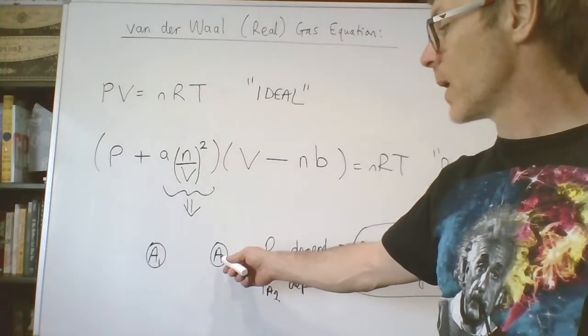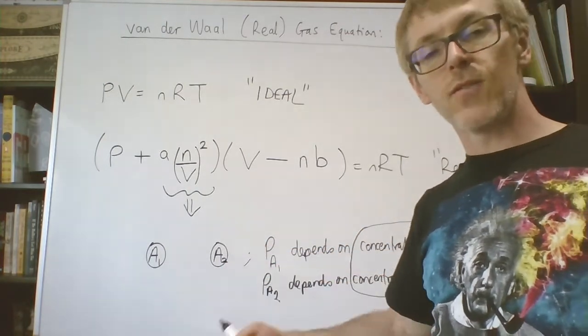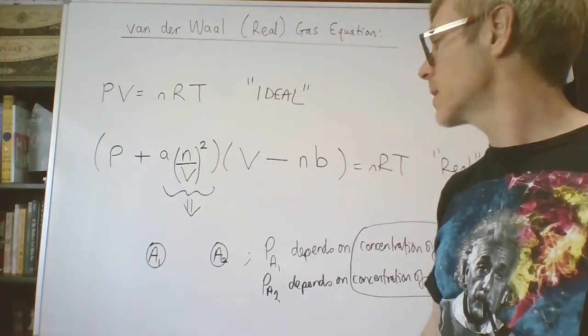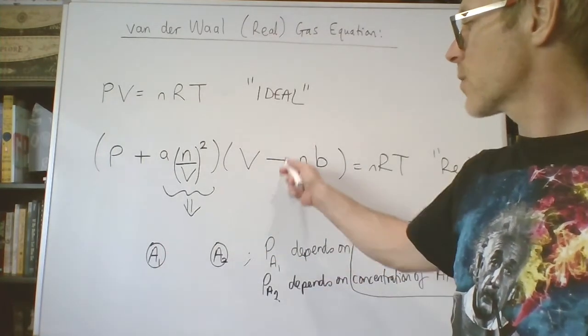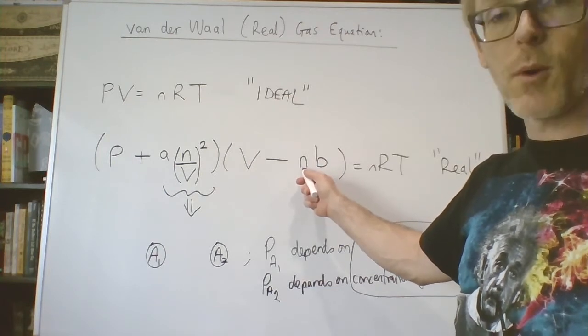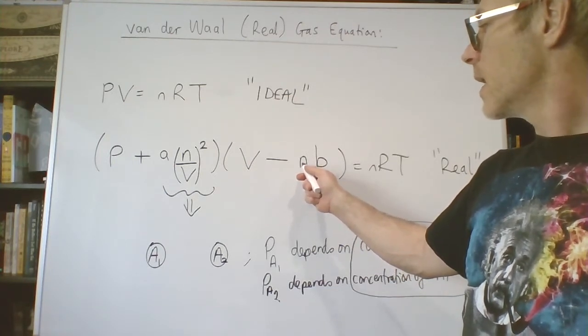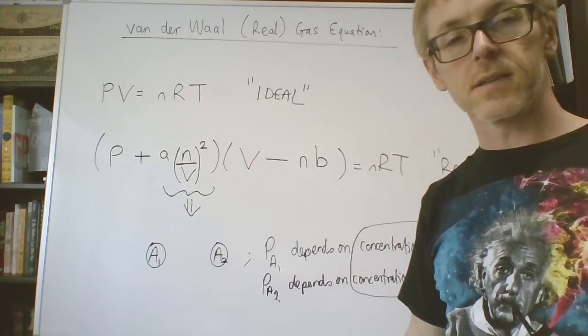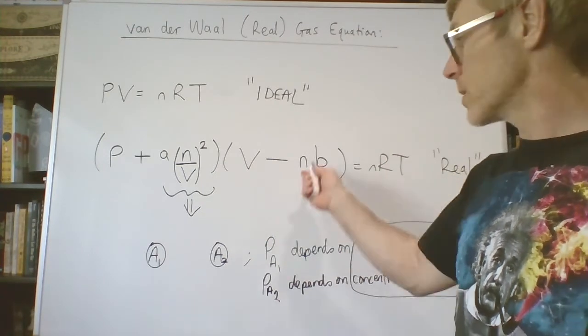The more A2 I have, the less volume there is remaining for A1 to occupy. So that's why this correction is proportional to moles. And the factor B depends on the relative size of the gas, for which B is a constant.